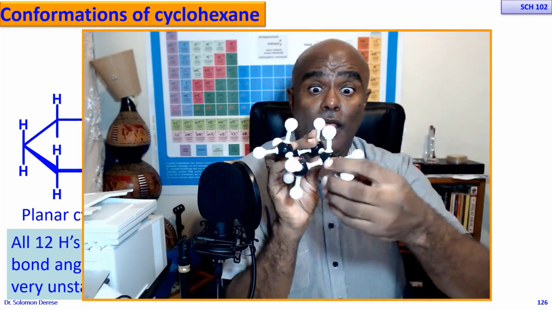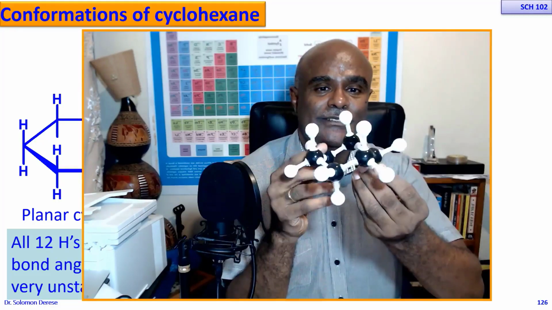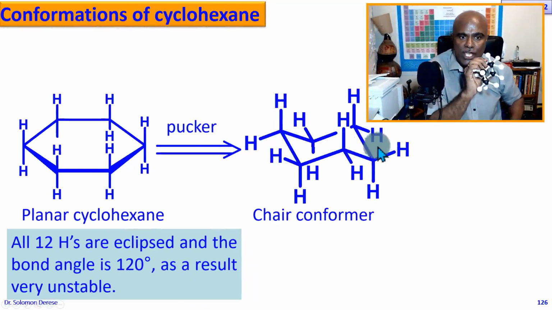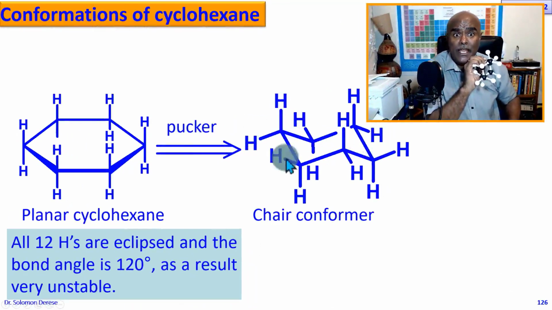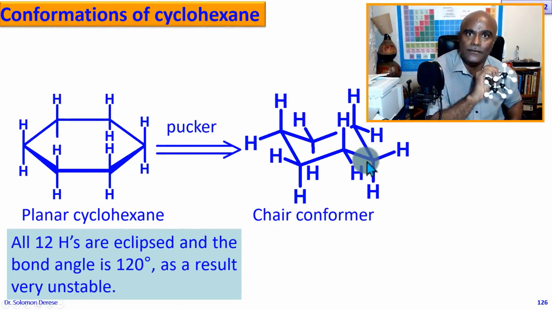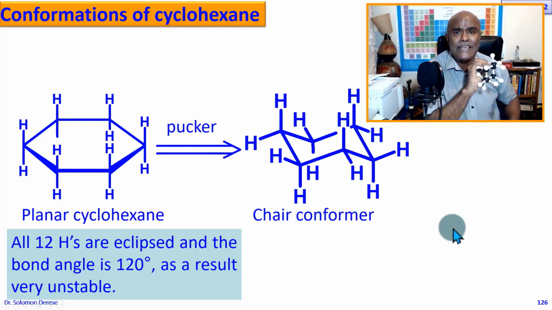This one's further away, up, down, up, down, down, up, up, down. So when cyclohexane adopted its chair conformation, it managed to eliminate all the torsional strain. As a result, when cyclohexane formed a ring, it did not suffer any type of torsional strain whatsoever.